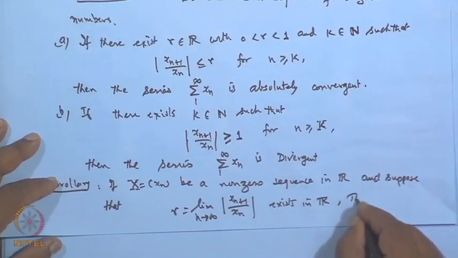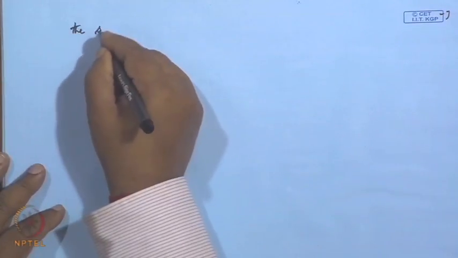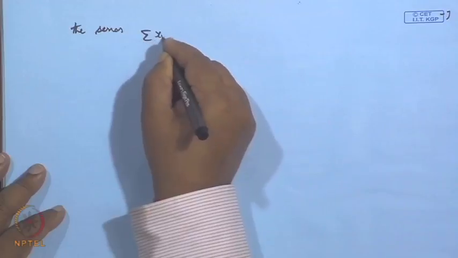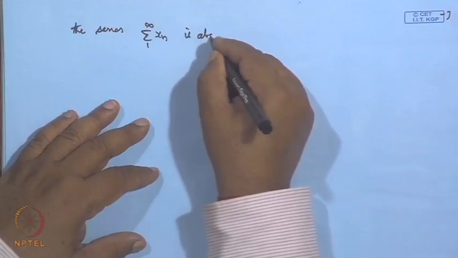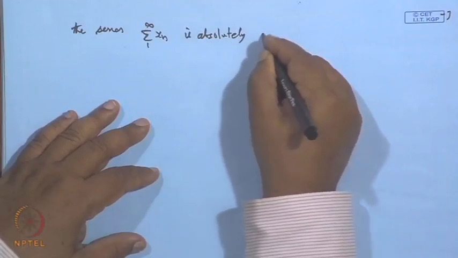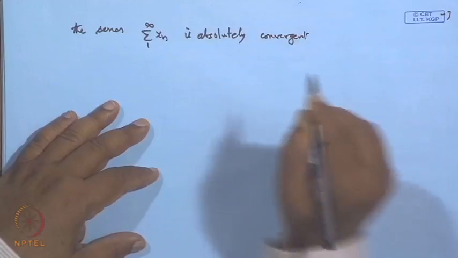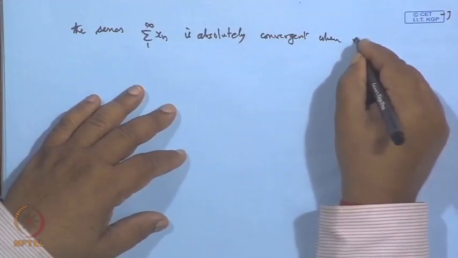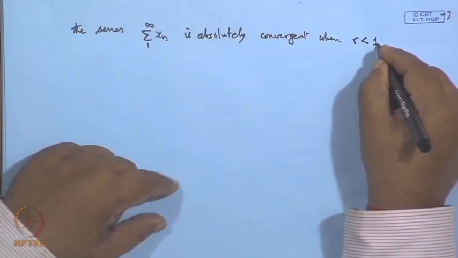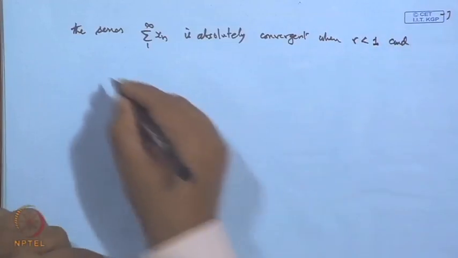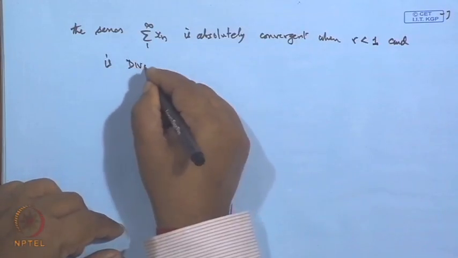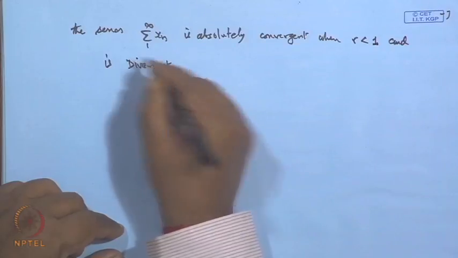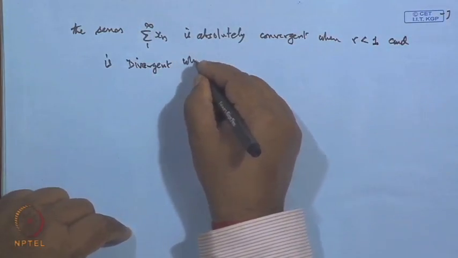then the series sigma x_n, n from 1 to infinity, is absolutely convergent when R is strictly less than 1 and is divergent when R is strictly greater than 1.